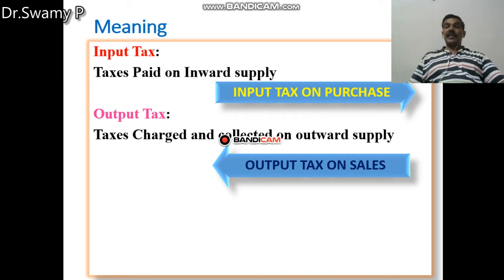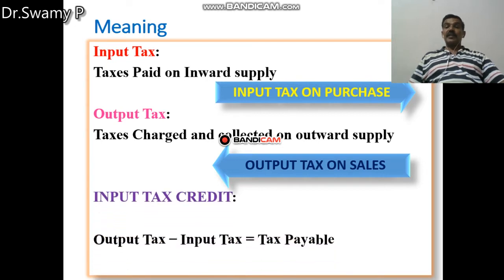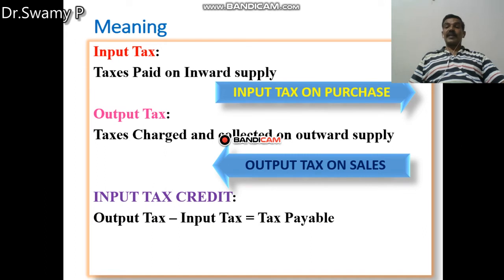Then the taxes charged and collected on such sales, which we call outward supply, is the output tax. This output tax is the taxes collected by the supplier, and the input tax is the taxes paid by the buyer. The difference between input tax and output tax will be tax refund or tax payable.